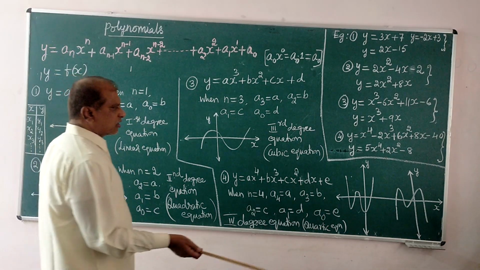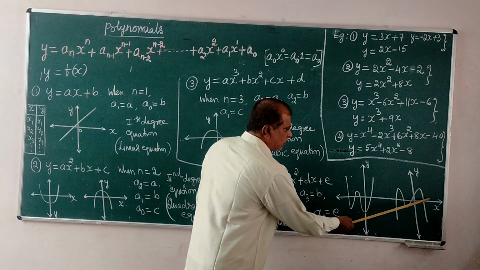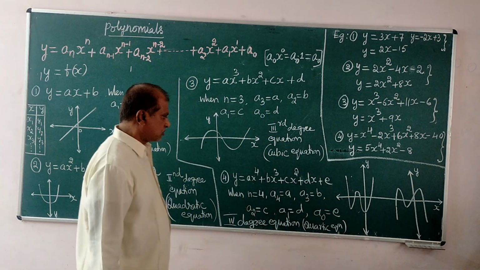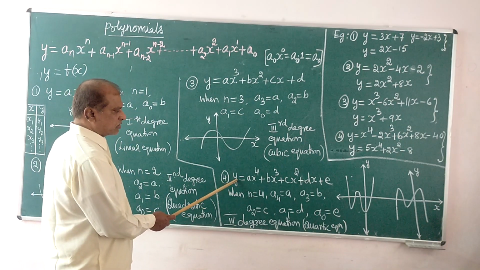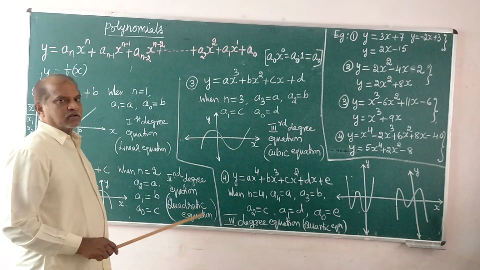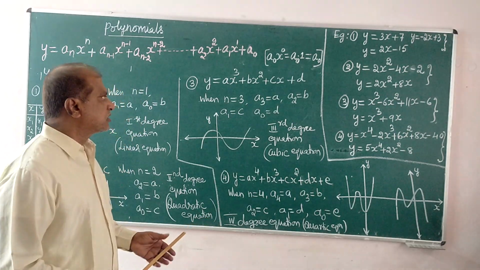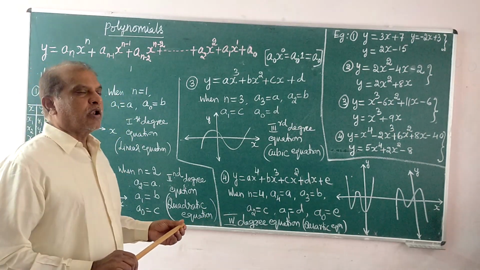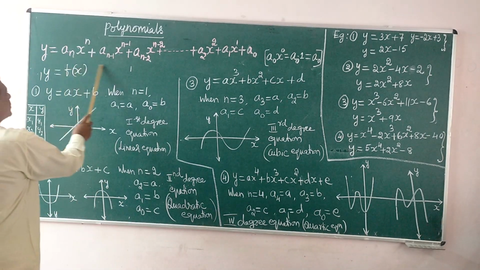From the graph, after drawing the graph, we can understand what the possible values of roots are. Or you can directly evaluate using the algebraic polynomial equation. There is a procedure for that. This is the syllabus. So now it is important to understand what polynomials are. The general equation of polynomials is this.